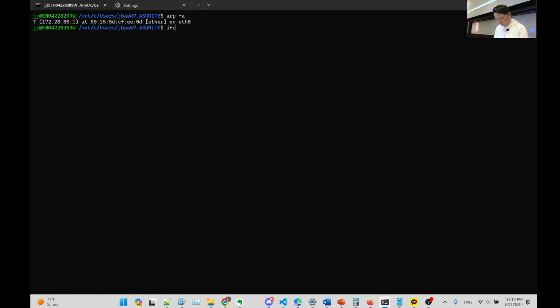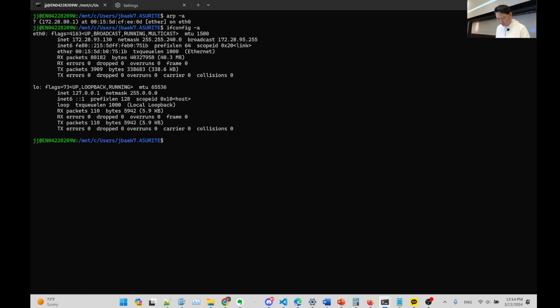And I have ifconfig. So my IP is 130 here, right? 130, and the MAC address is 1D. In my ARP table, yeah, there is only the connection with the gateway, with the IP ending in 80 dot one.